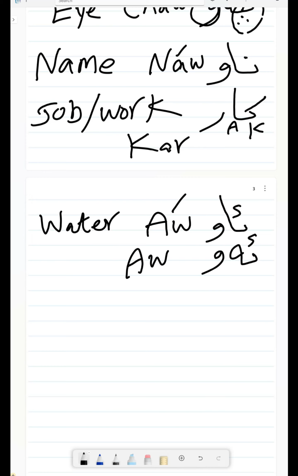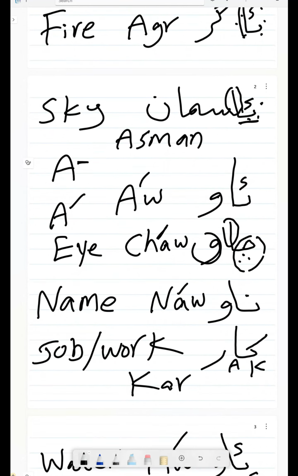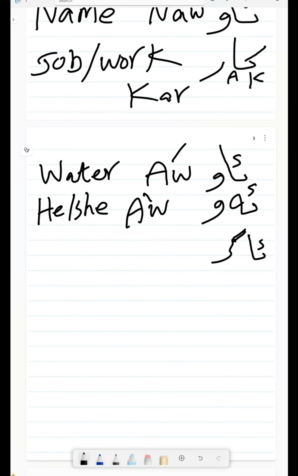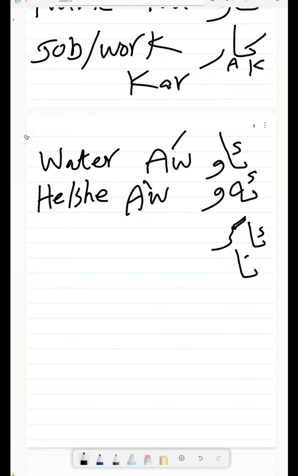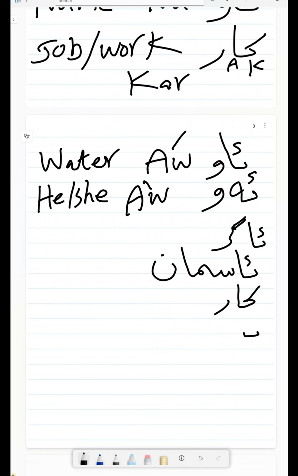A-W. It's pronounced this way. O, which means he or she. Then what else we had? We had Agir, we had Asman, we had Kar, we also had now, right?